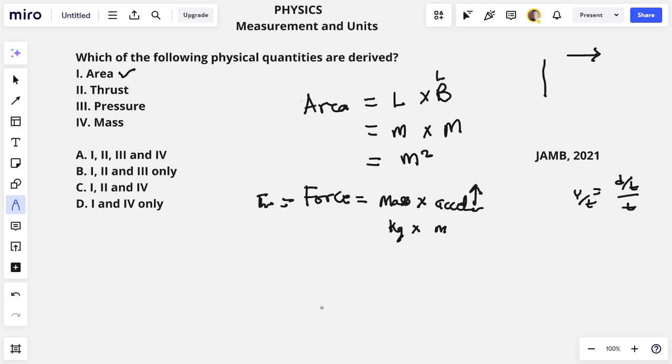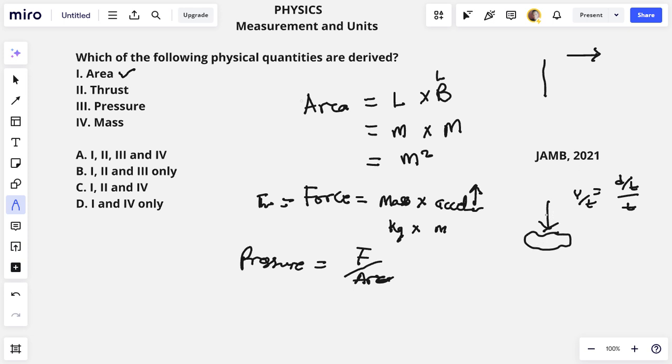Then we look at pressure. The definition of pressure is what? Force over area, or you say force per unit area. It means what amount of force is exerted on an area.